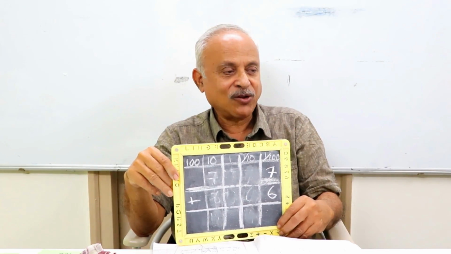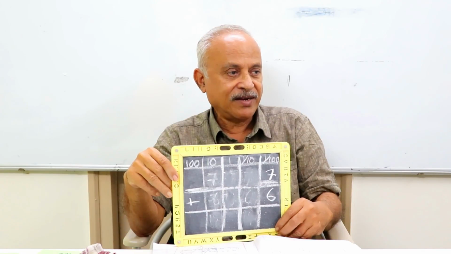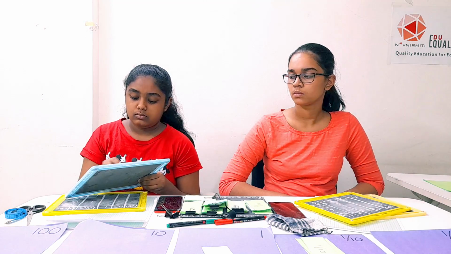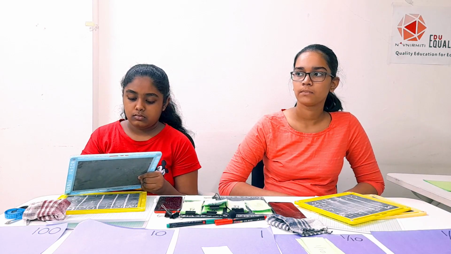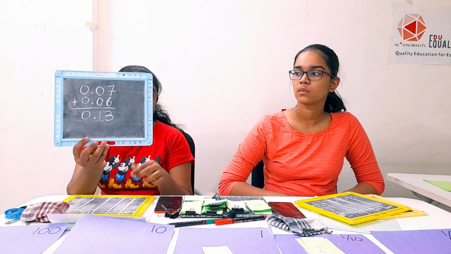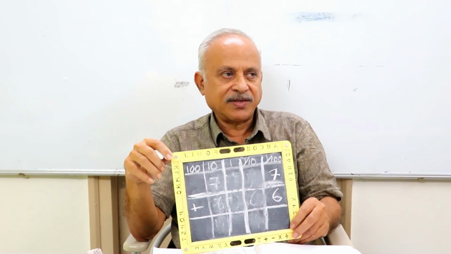So now, can you correct what you've done? On the other side, can you correct that? Okay, show that, 0.13.